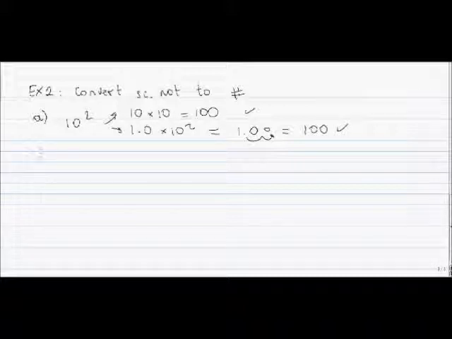When you take 10 to the negative 2, keep in mind that 10 to the negative 2 is the same as division. There are two methods of doing this problem. If you know this rule from algebra, the rule that we are applying is a to the negative n is equal to 1 over a to the n.